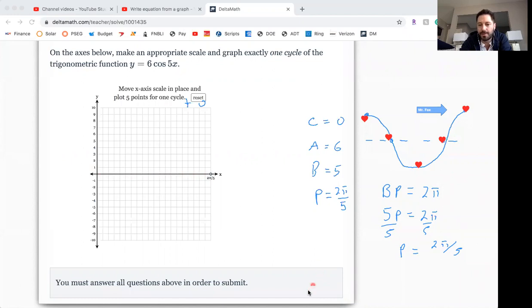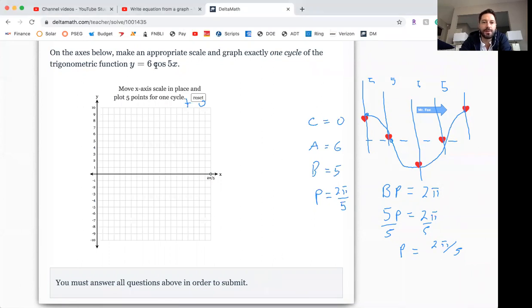That means each one of these points is going to be 5 away from the other point. So this is going to give us 5, 10, 15, 20. That's important. It says move the x-axis scale and plot 5 points for the cycle.